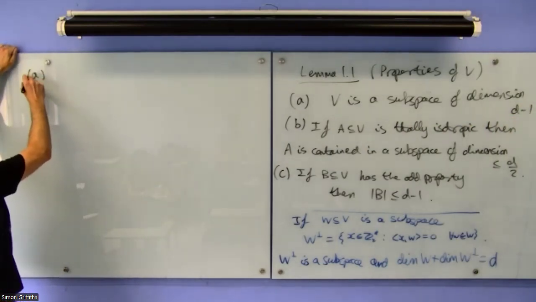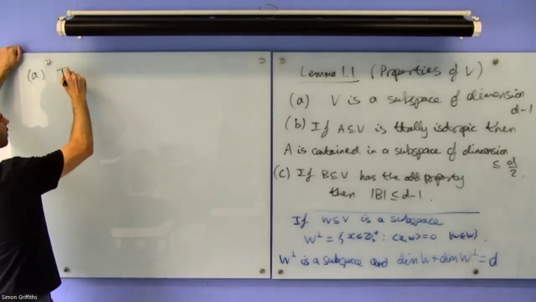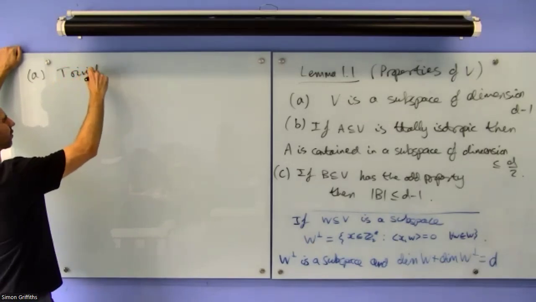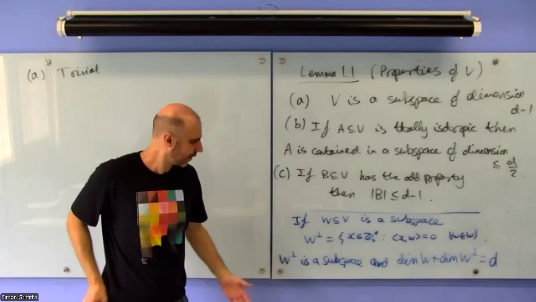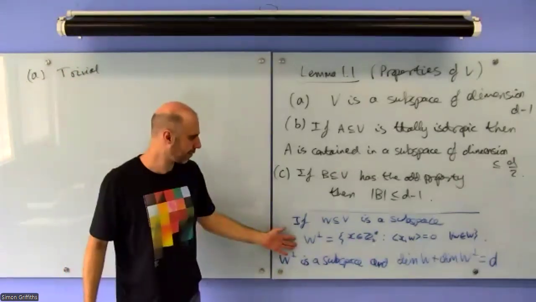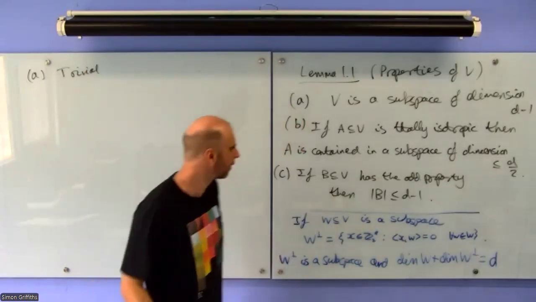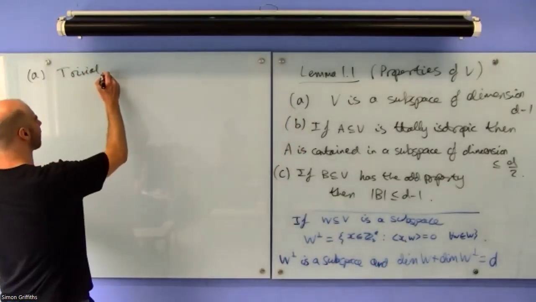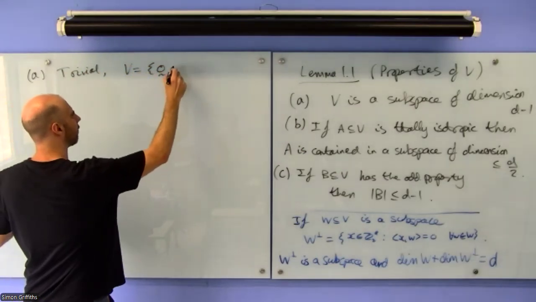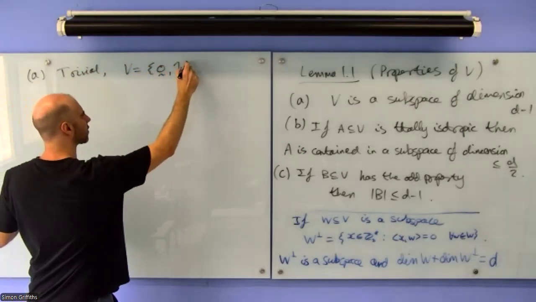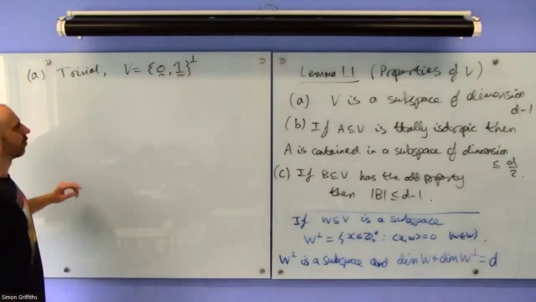So actually, I'll just say A is sort of trivial, because if you have this information about the perpendicular subspace and the dimensions sum to D, then V is just the orthogonal space of the all-ones vector.